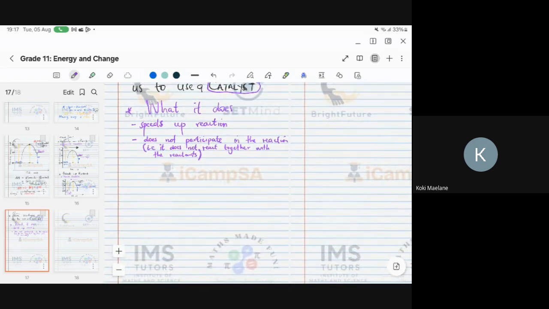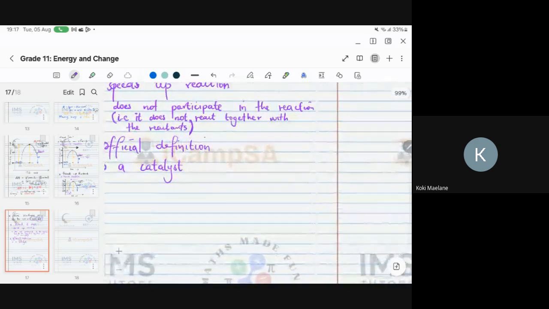Let's see. First of all, let's define it in official terms so that you can even use it in your exam.